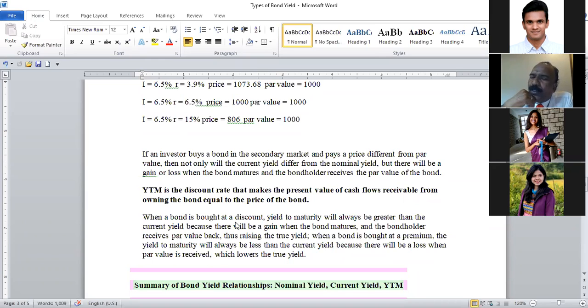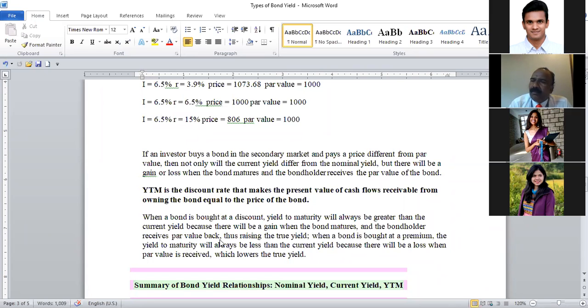So in that scenario, yield to maturity is nothing but R. R here is 15%. That is always greater than the current yield. Current yield is 6.5. Because there will be a gain when the bond matures, because you will be getting more yield. You'll be getting 15%, and the bondholder receives the par value of the bond.